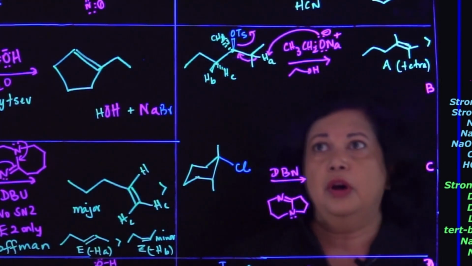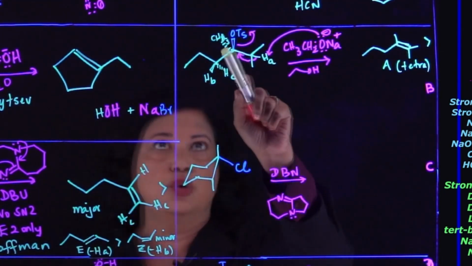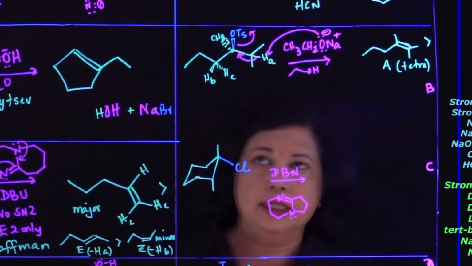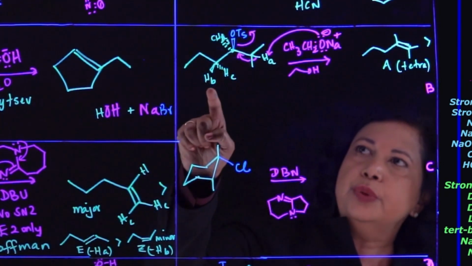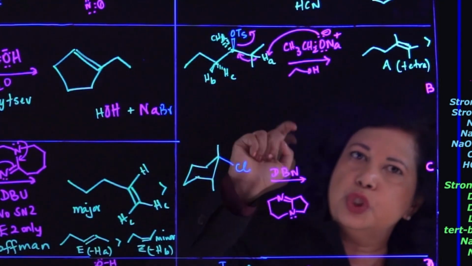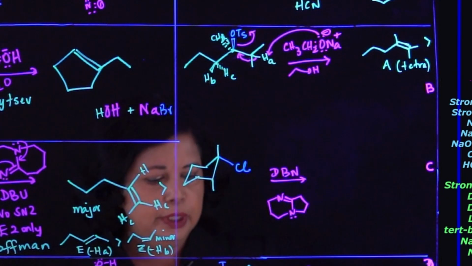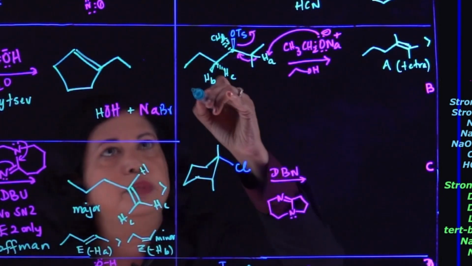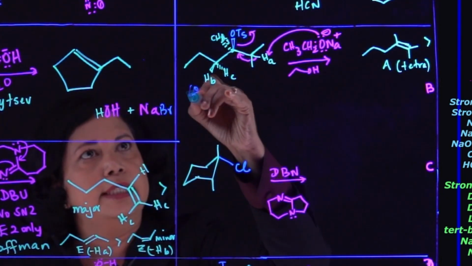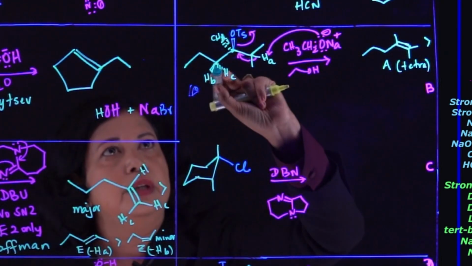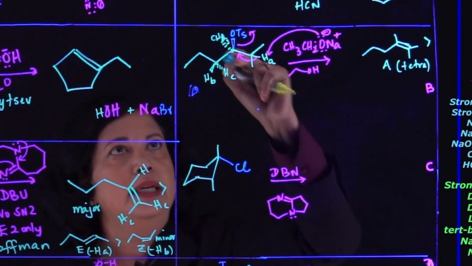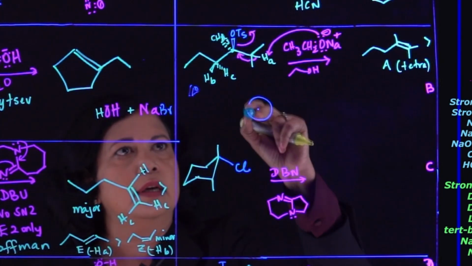Now, you could pull off B or C and get a trisubstituted, and D and get a disubstituted. Let's look at which one of these prochiral hydrogens is the best one to abstract. So for that, we're going to draw a Newman projection looking at it from this side. So this is your dot carbon, and that's going to be your circle carbon.